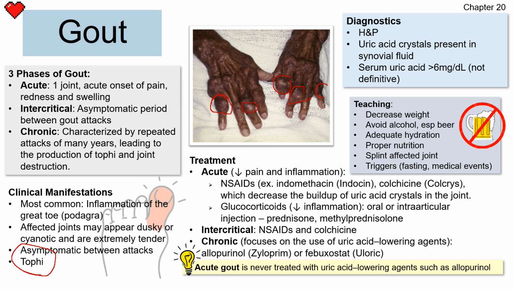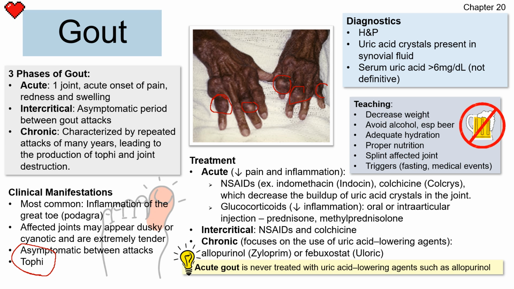Proper nutrition, again, that's education on purine, keeping the purine out of your diet. Splint the affected joint, that can help with immobility so it can have time to kind of rest, joint protection. And then there are some triggers like fasting and medical events that can actually make gout flare up. Medical events would be like an illness or maybe a surgery.